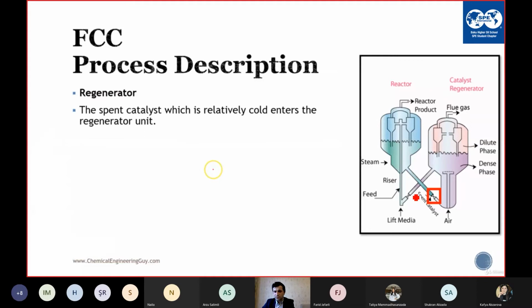So you have the controllers here. With this one, you control the flow of the catalyst from regenerator to reactor. So it is strange that you control the temperature with this one. So who can tell me how you can control the temperature in the reactor with this control valve?